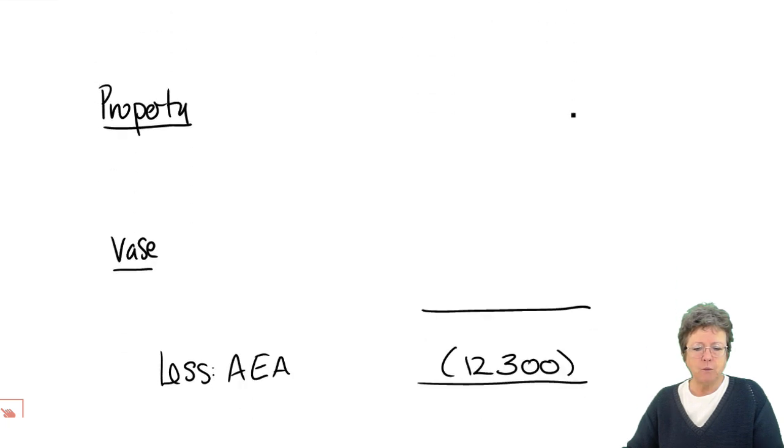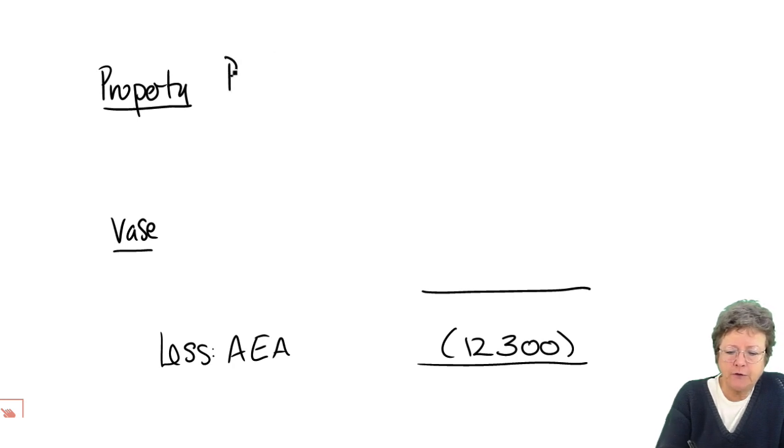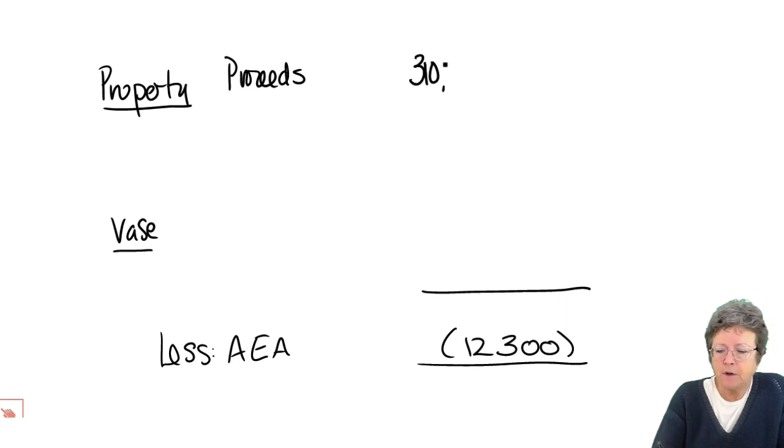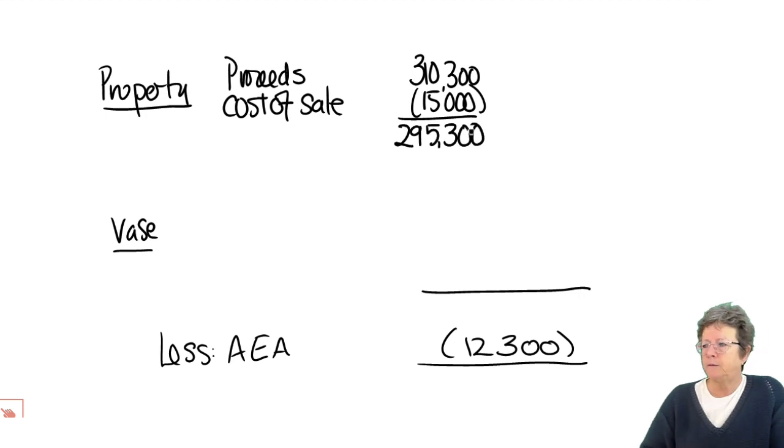Asset number 2 was a property. So we had proceeds of £310,300. Now we had cost of sale of 15,000, which gives us a net figure of 295,300.